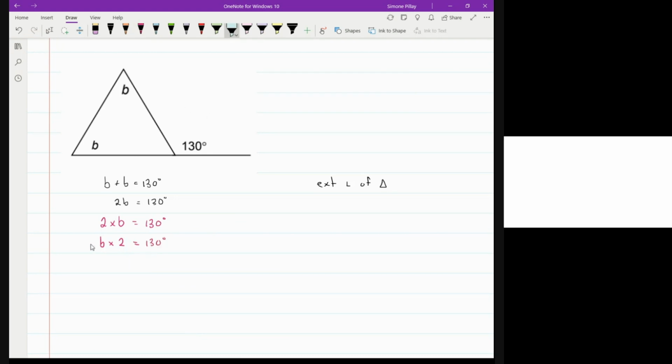Now, I want to get b by itself. So the way that I do that is with inverse operations, and you've already told me my inverse operation is division.